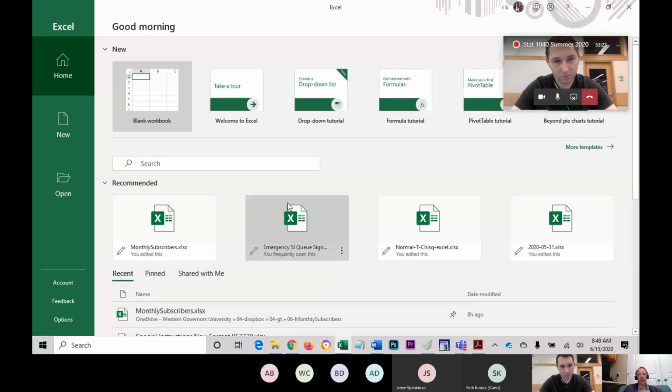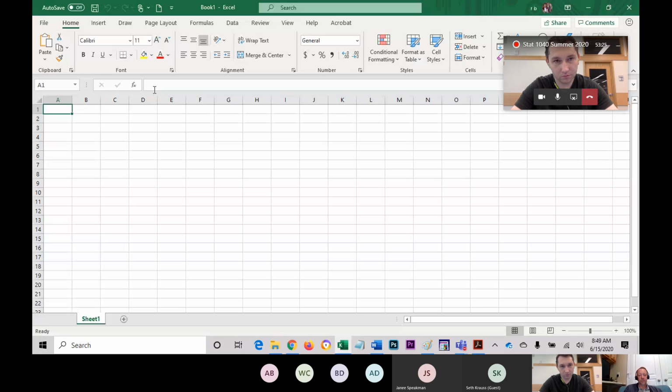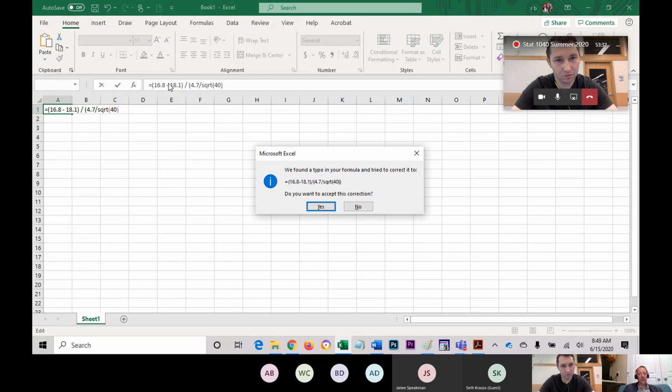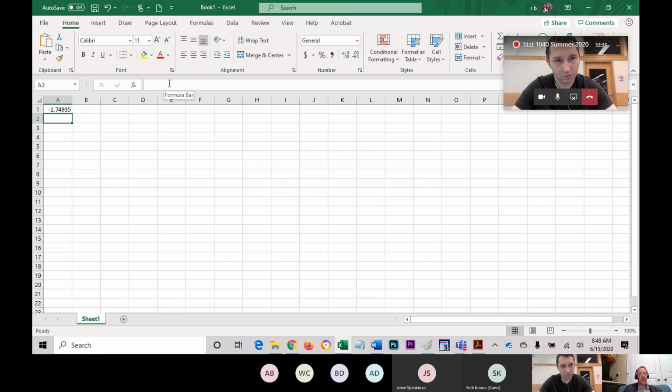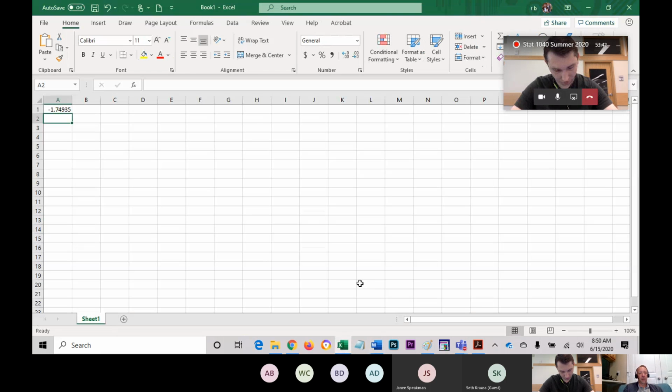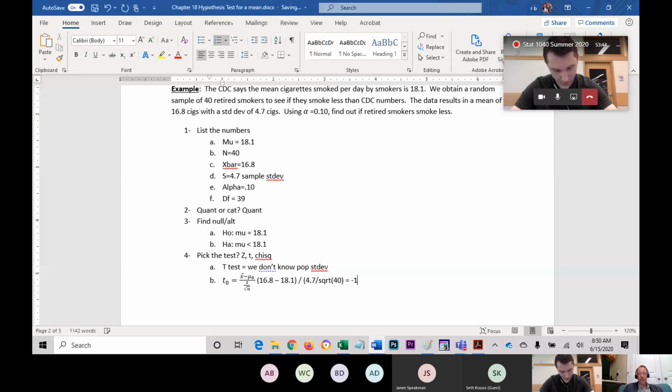So when we look at our calculator here, we get a t-score of negative 1.74935. So this equals negative 1.74935.